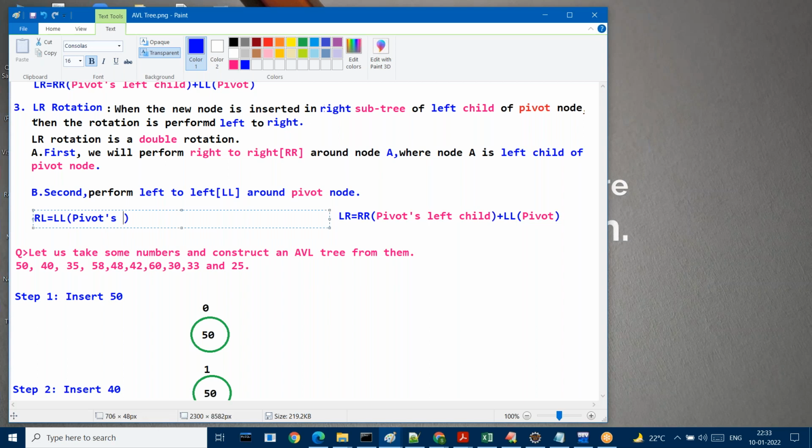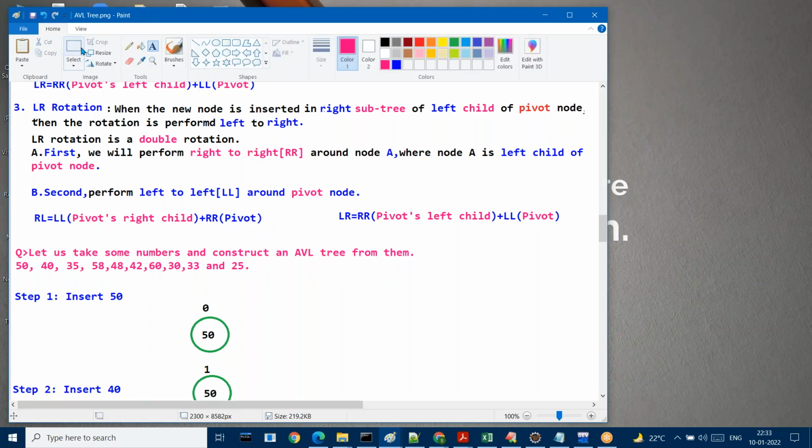Earlier it was left child, then this time right child. Right child. Done. Sir, plus earlier it was LL, then sir RR with respect to pivot. So I just change this part.